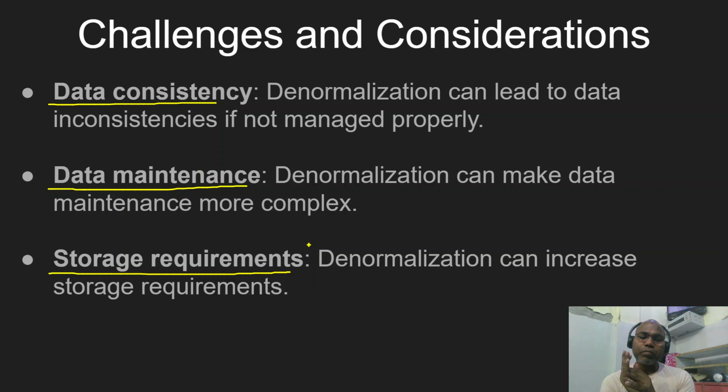Also, while denormalizing, we have to think about how to apply data maintenance. The major challenge in a denormalization system is data consistency, because you are storing the same data in multiple places.